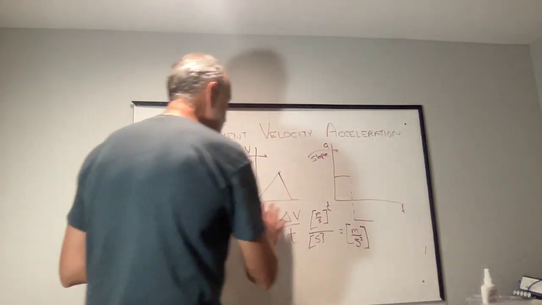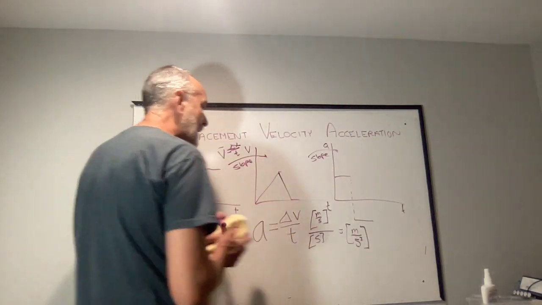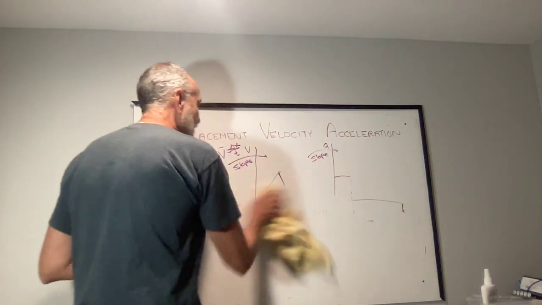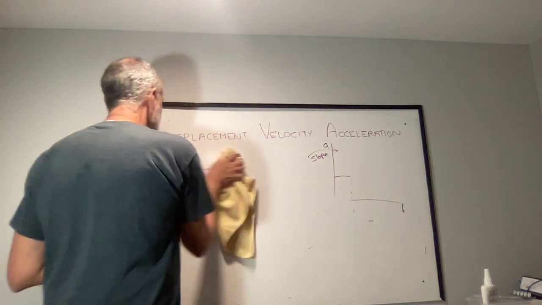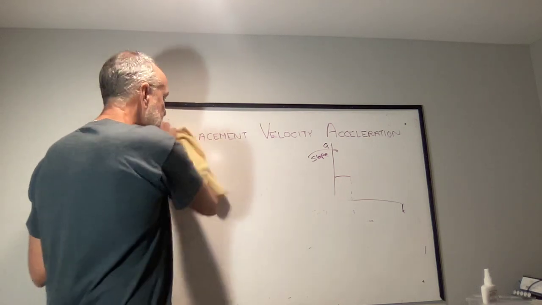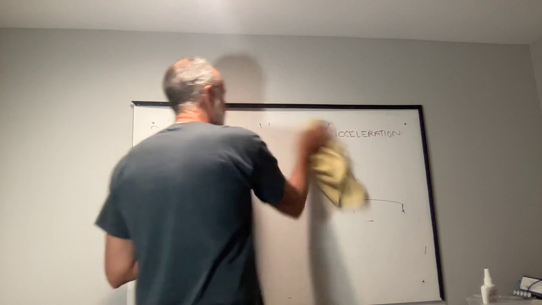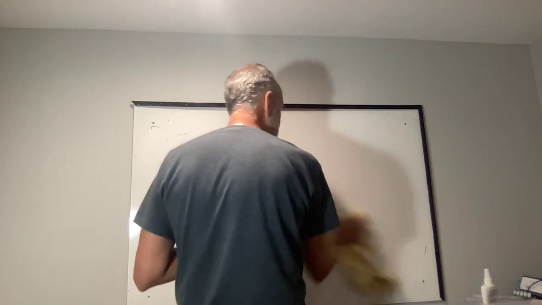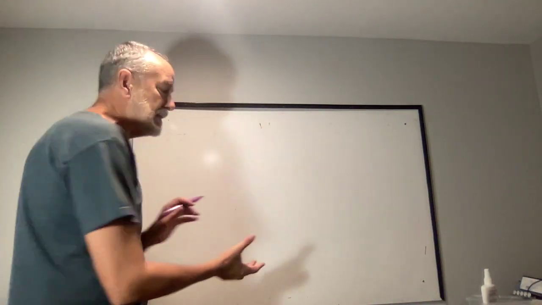Now what I'd like to do is break this equation down a little bit, okay? So if we look at that, delta V over T, we're going to introduce some new variables here for regular and intensified physics. And the new variables are going to be a starting velocity and an ending velocity. So we talk about the acceleration over a certain time interval.